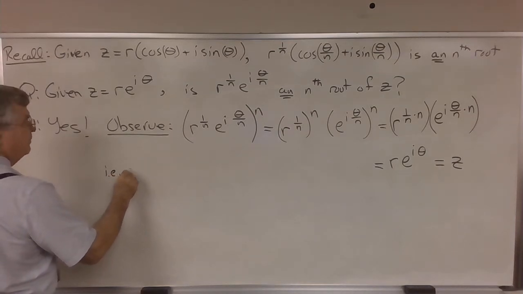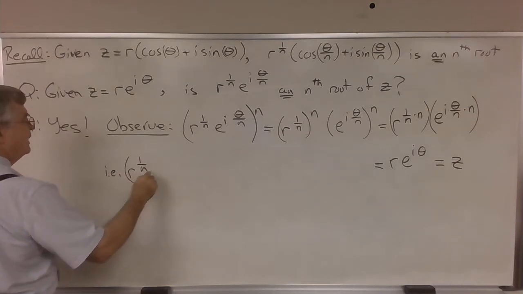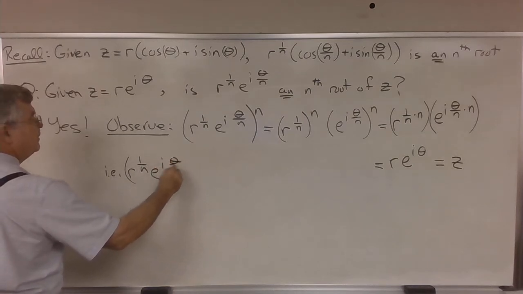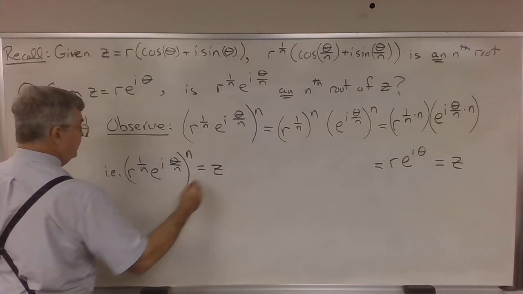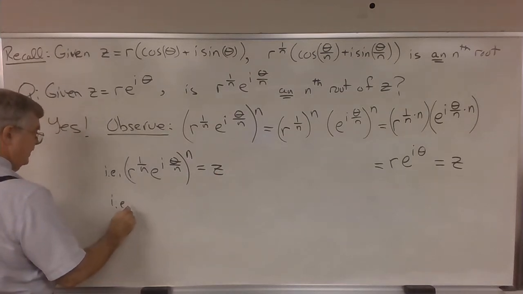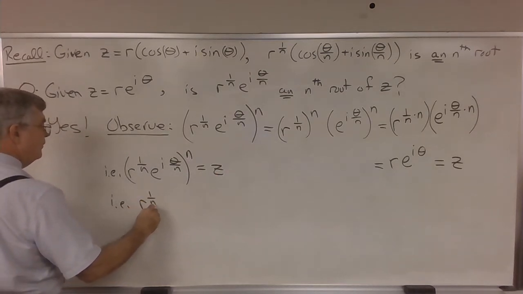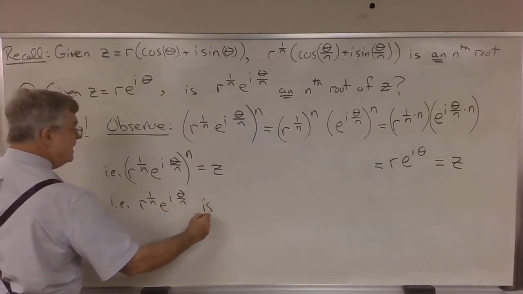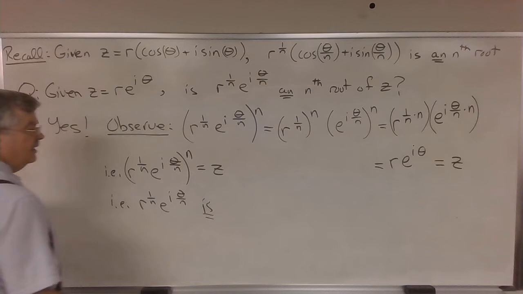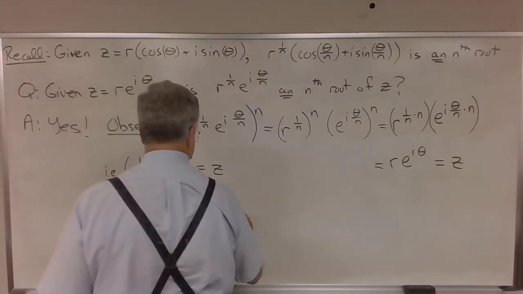So what did we establish? r to the 1 over n, e to the i theta over n, raised to the nth power equals z. So r to the 1 over n, e to the i theta over n is an nth root of z.